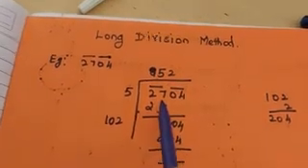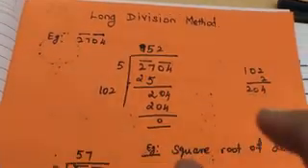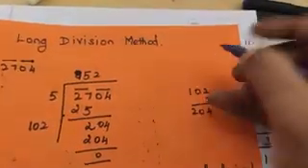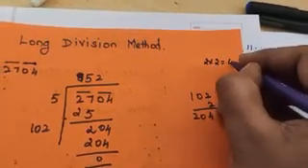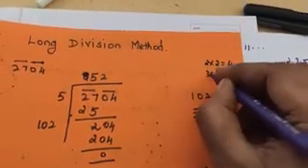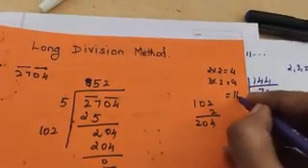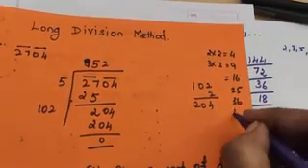First, for this 27, we have to find which square number fits under 27. What are the square numbers? 2 2s are 4, right? And 3 3s are 9, like that: 4, 9, 16, 25, 36, 49.